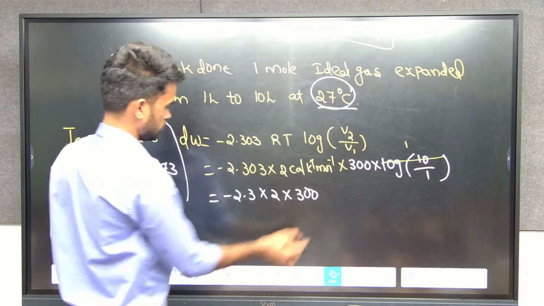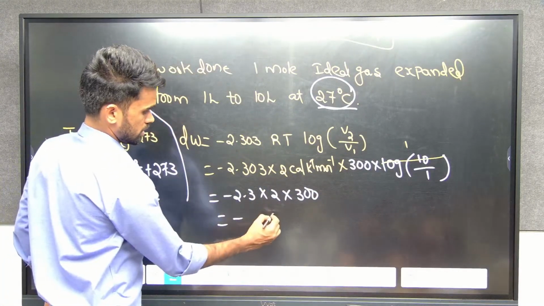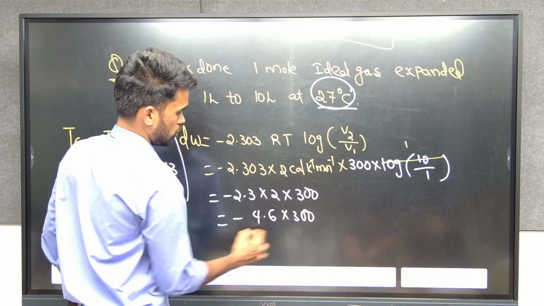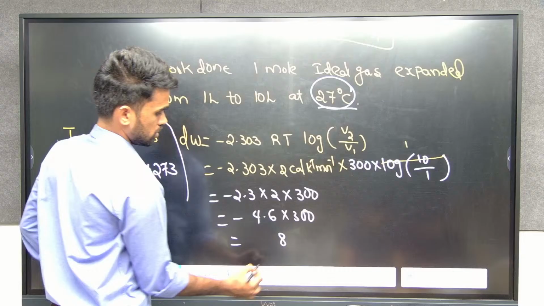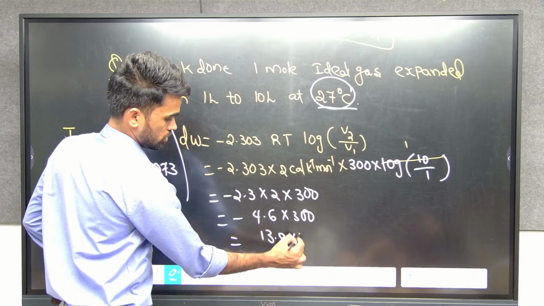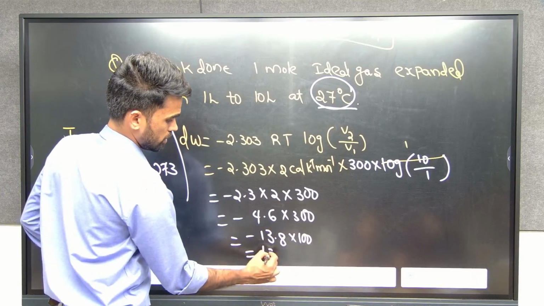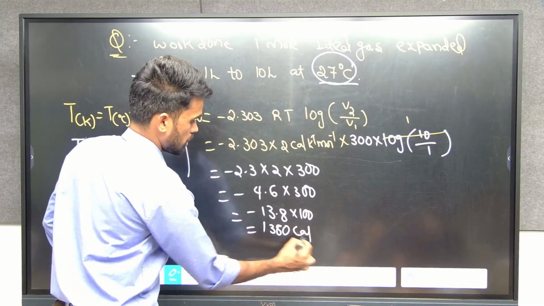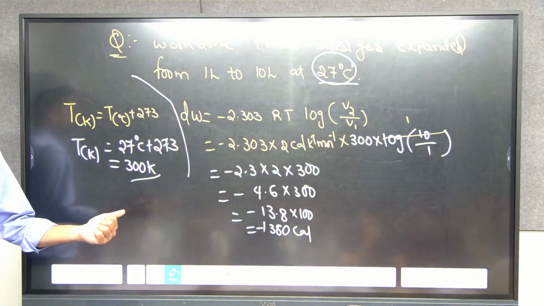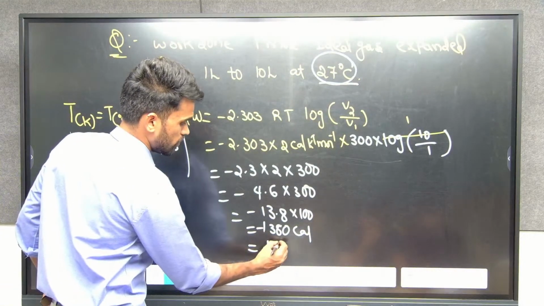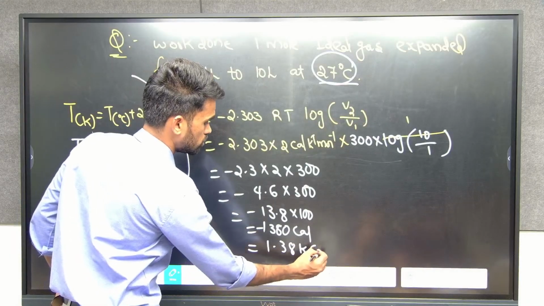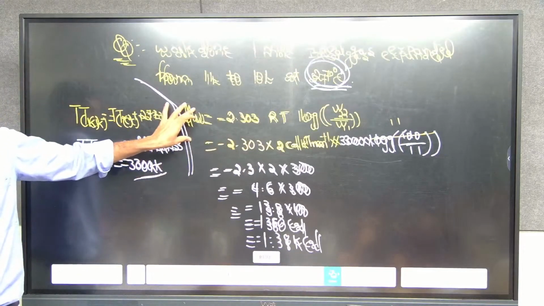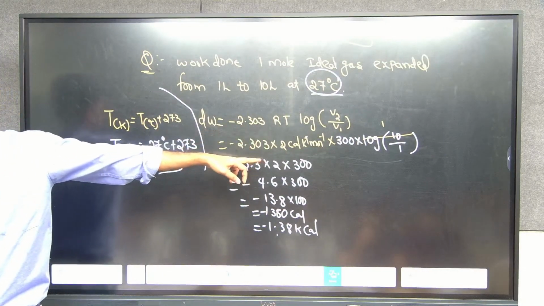So you simply write it as 1380 calories. Everyone got this? In kilocalorie if they ask, 1.38 kilocalorie. If the same question they are asking in joules, what we need to do? Instead of taking R as 2 calories, you should take 8.